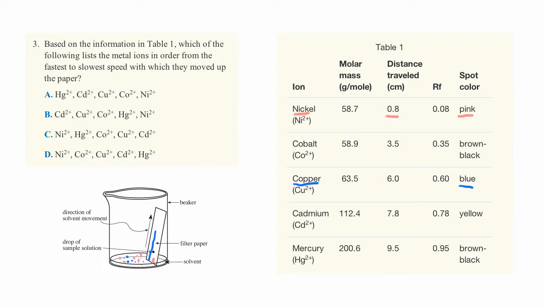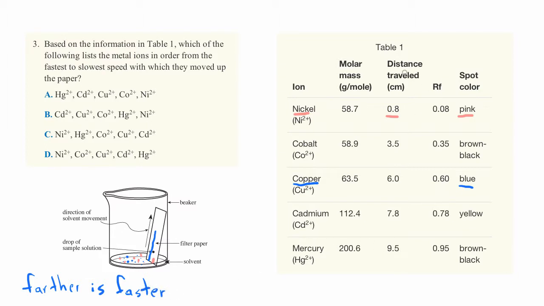Anyways, each of these ions went a different distance, and what we can realize from this is that if you traveled farther, then you went faster. So farther is faster. And now all we have to do is put these ions in order of how far they went, and we'll know which one was the fastest and which was the slowest.